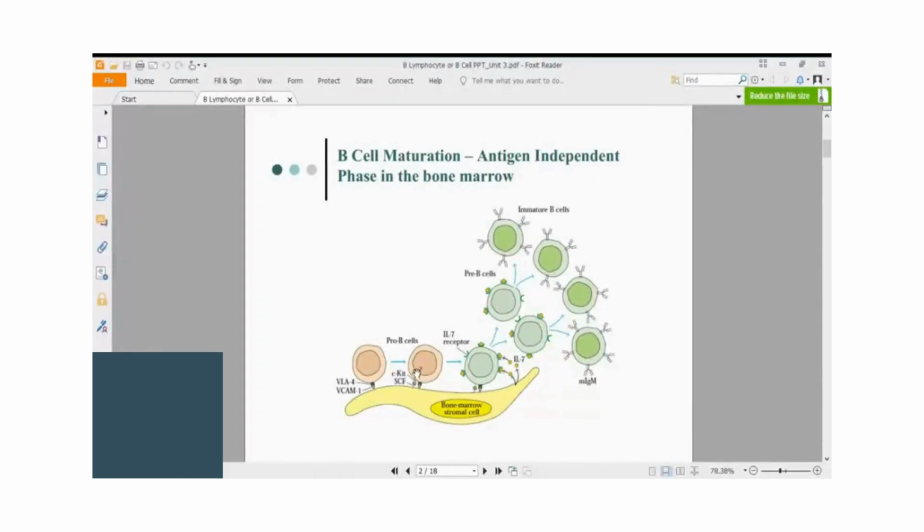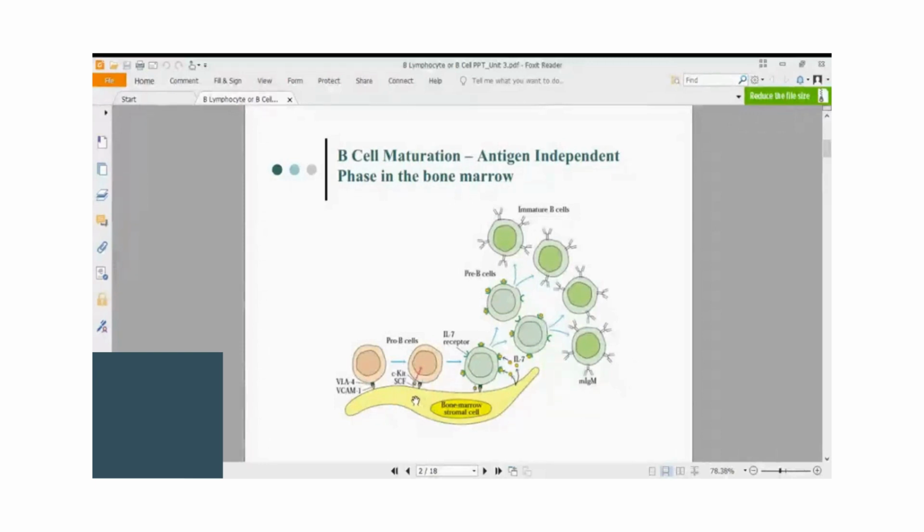Now the pro-B cell has two receptors, VLA4 and c-KIT. And the c-KIT receptor, once it is expressed, which is also called the c-KIT ligand, will establish the contact with another receptor expressed by the bone marrow stromal cell.